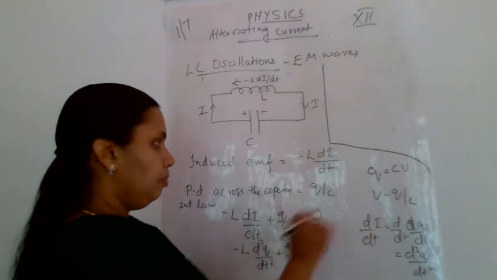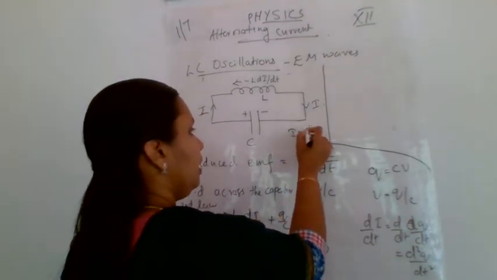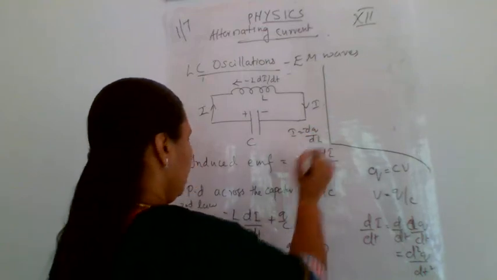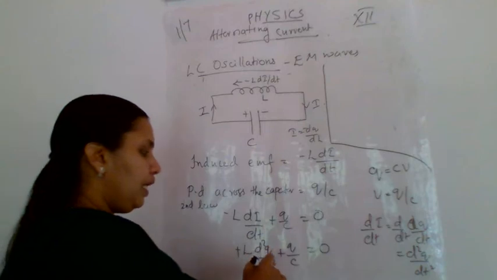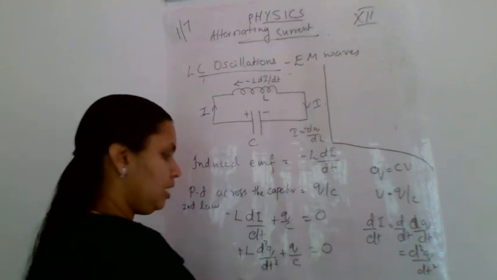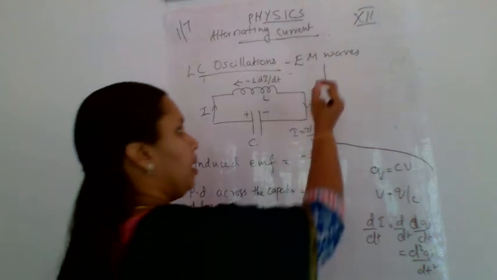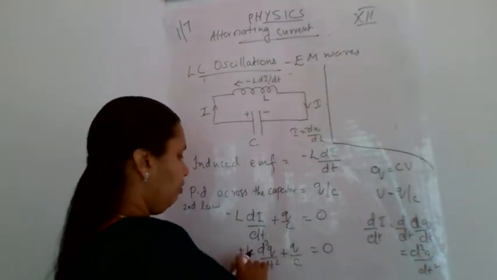Here, minus I is equal to minus dq by dt, so the minus comes and this becomes plus. Okay, so minus L d square q by dt square plus q by C is equal to 0.